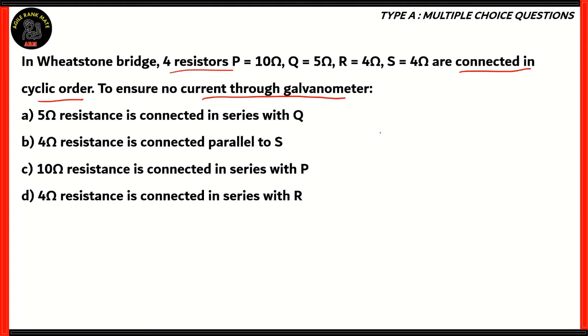So let's draw the Wheatstone bridge that the question demands. So 4 resistors are connected in a cyclic order.